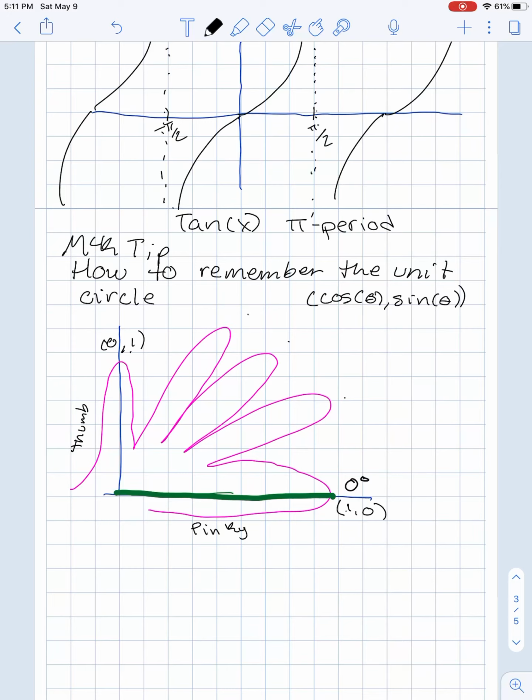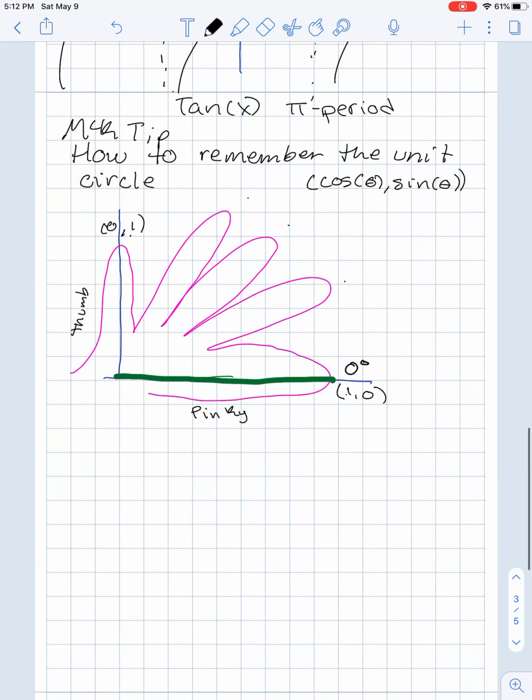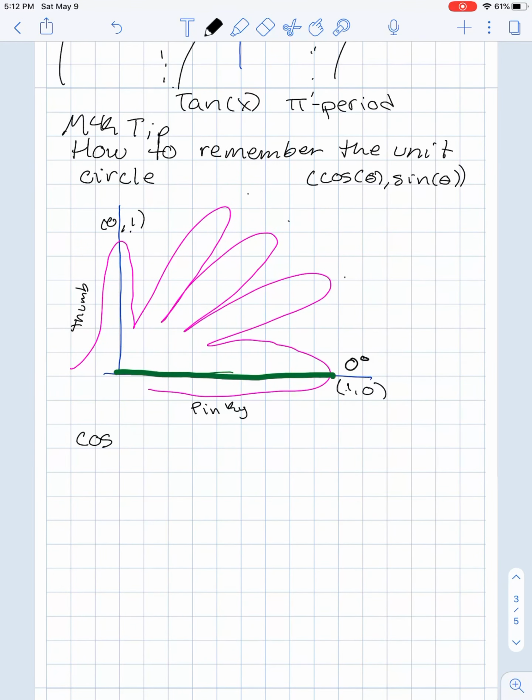I also can count the number of fingers that are above my pinky. So technically I put my pinky down and I have 1, 2, 3, 4 fingers above. So for cosine of 0, I have 4 fingers above, and for sine of 0, I have 0 fingers below. So cosine's above, sine is below.